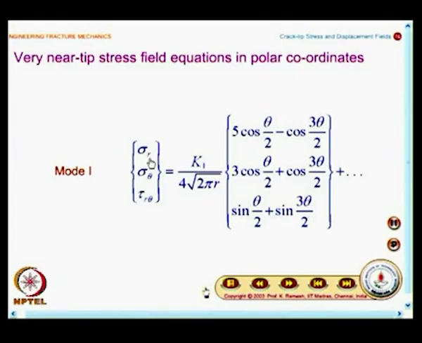For sigma r, the function is 5 cos theta by 2 minus cos 3 theta by 2, and for sigma theta it is 3 cos theta by 2 plus cos 3 theta by 2, and you have sin theta by 2 plus sin 3 theta by 2 for tau r theta.